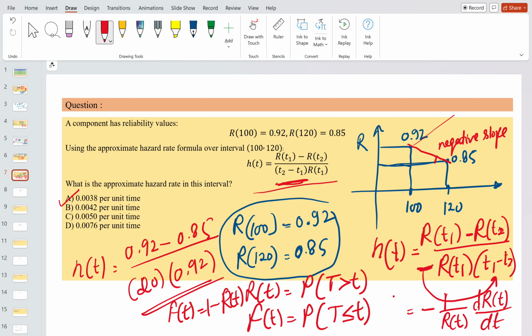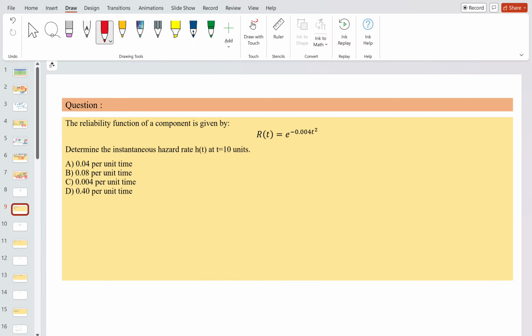Okay, let's move forward. On similar lines, in the hazard rate problem itself, one reliability function is given, that is R(t) is equal to e to the power minus 0.004 t square. You have to determine the instantaneous hazard rate H(t) at a time t equal to 10 units. Okay, try to solve this.